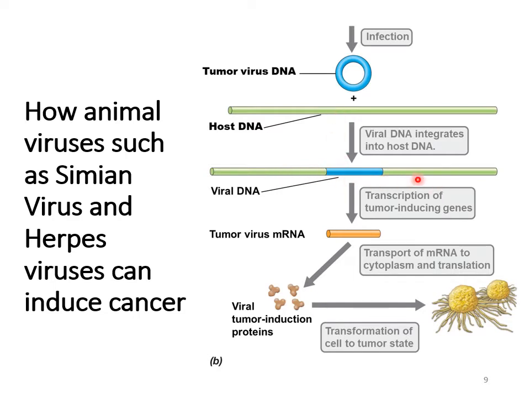Now it uses host resources that will be replicating and expressing the host genome to also replicate and express its own DNA. Within its DNA tend to be genes that will trigger hormones that cause uncontrolled cell proliferation. So basically the viral genes will cause uncontrolled cell proliferation, so there's no off switch in the host cell's cell cycle.